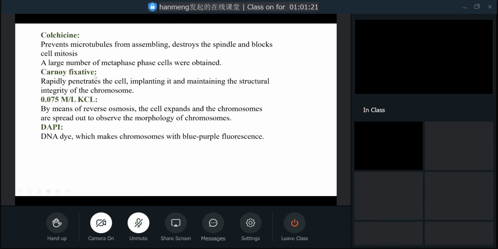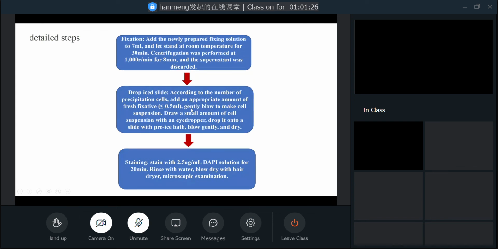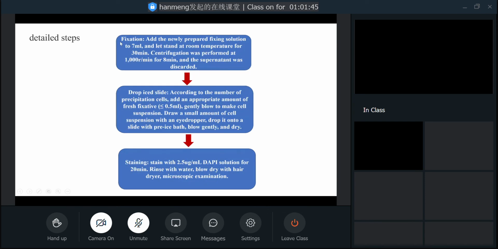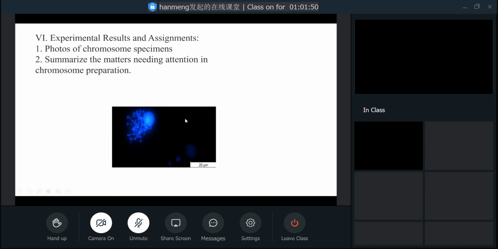With these regions or some detailed steps, you can have some ideas. Maybe the slide is ice. After permeabilization, you should have the prefixation step, then centrifuge. Then I have another fixation step.